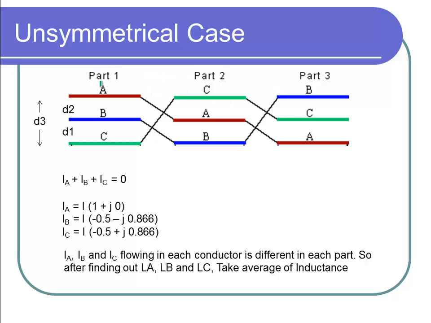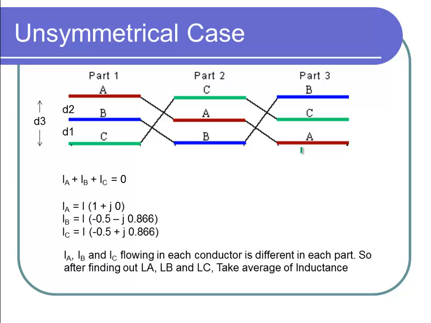Now we are considering for our equation these 3 sections, and we have to calculate the inductance of conductor A in section 1, in section 2 and in section 3, and if we simply take the average of these 3 sections, that's the magnetic flux linkage of conductor A for a particular distance.